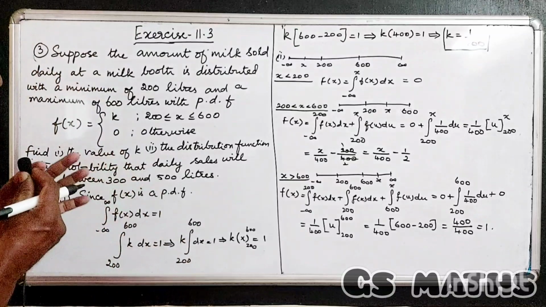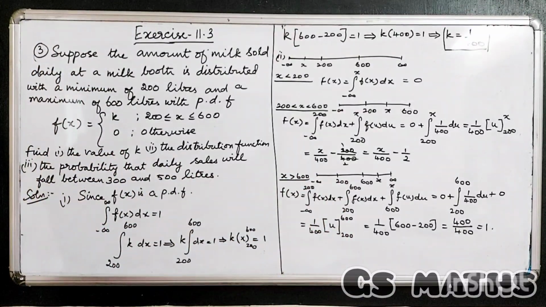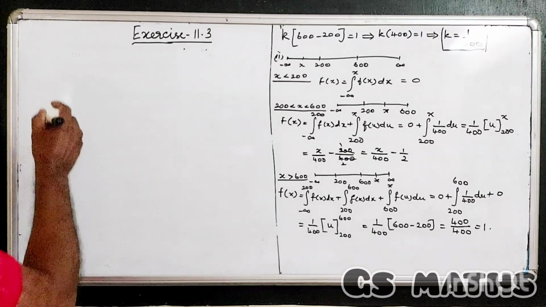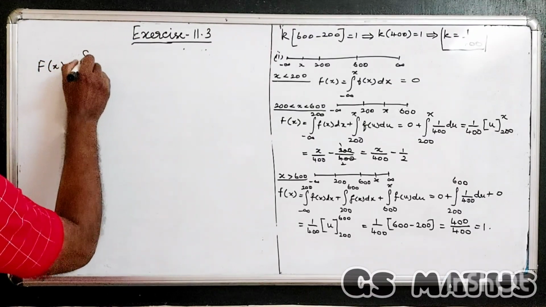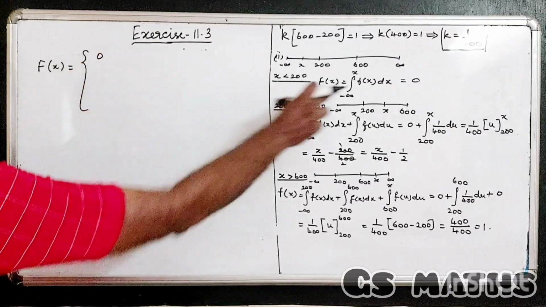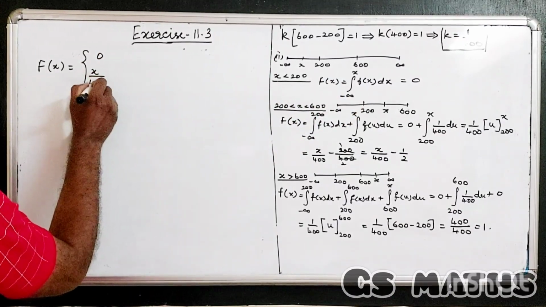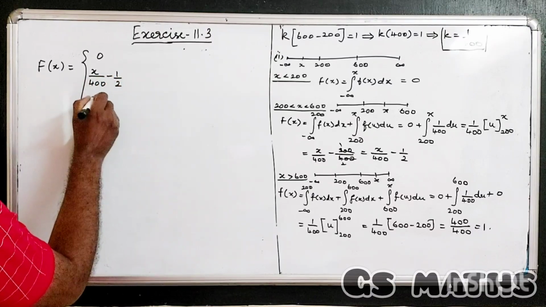So we have found the distribution function for all three intervals. We can write this distribution function in functional form. Now capital F of x is equal to, I am writing this in functional form: the first value is 0, the second value is x divided by 400 minus 1 by 2, the third value is 1.